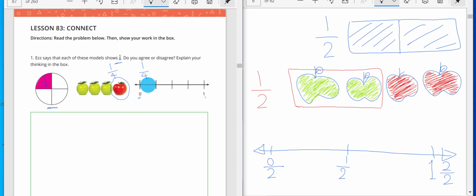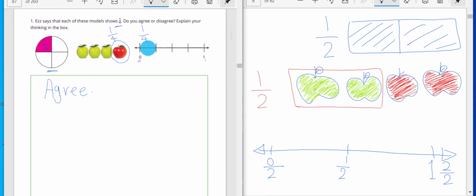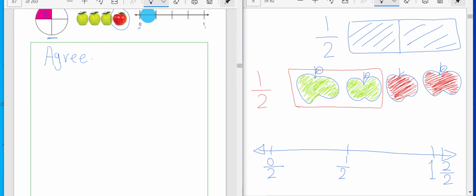So we agree with this. Do you agree or not agree? Yes, we agree. Okay. Why? We know that we can represent fractions in many ways. We can use fraction models or pictures and sets or number lines.